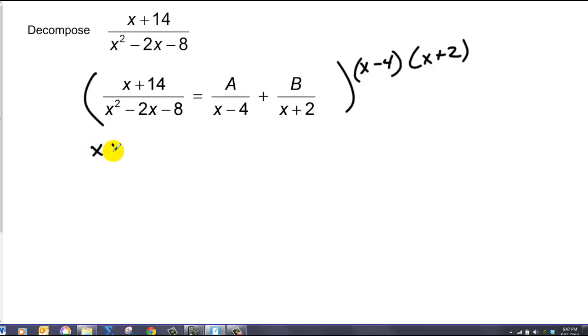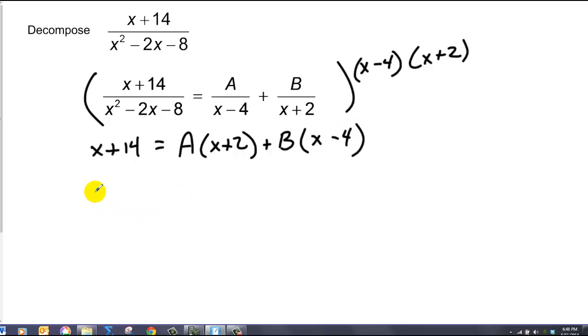I'm left with x plus 14 is equal to some constant a times x plus 2 plus some constant b times x minus 4. I can distribute this out, giving me x plus 14 equals ax plus 2a plus bx minus 4b.